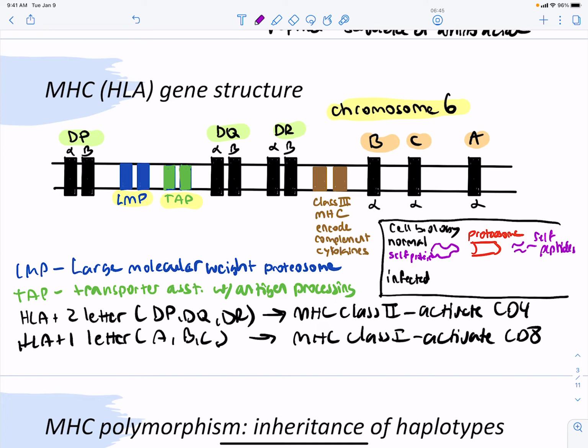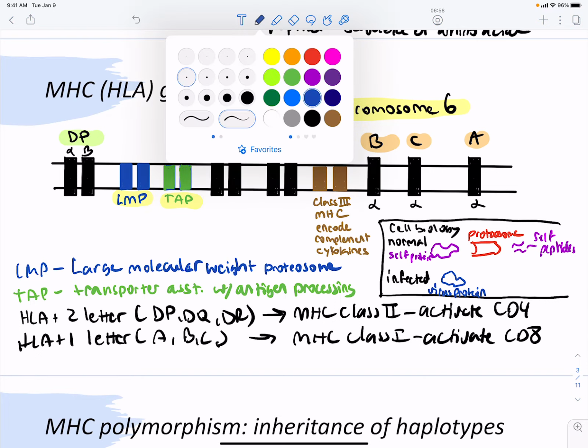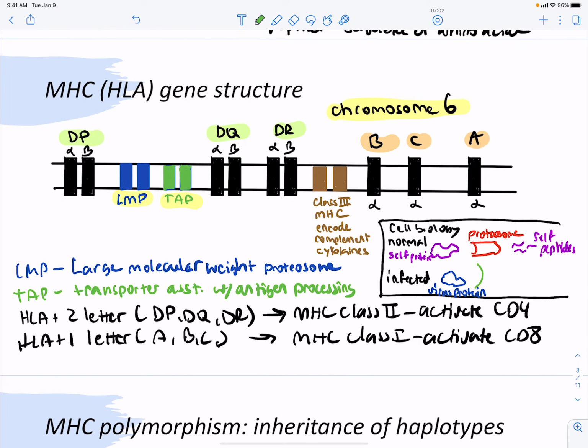And then in infected, you will have, for example, a virus protein, and this will be fed through an LMP proteasome, and this will generate virus peptides.